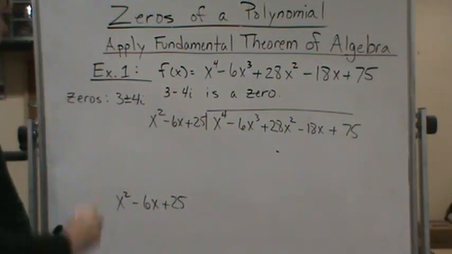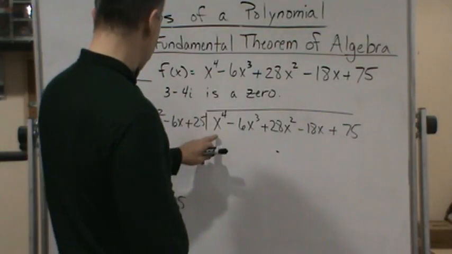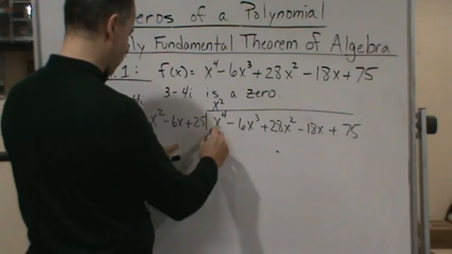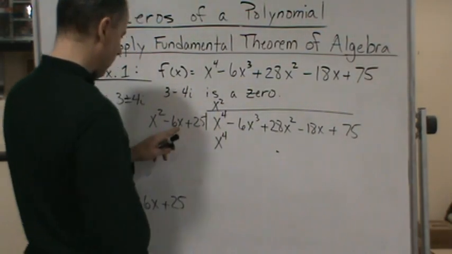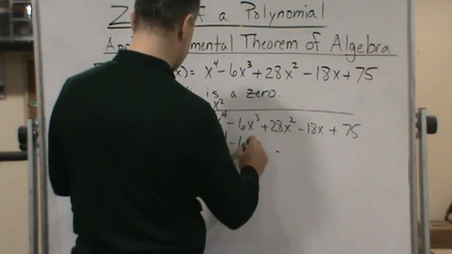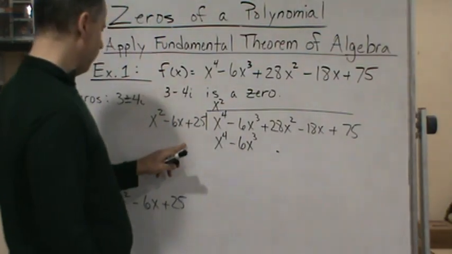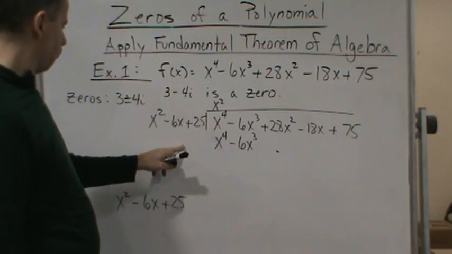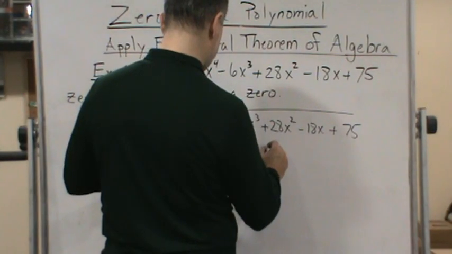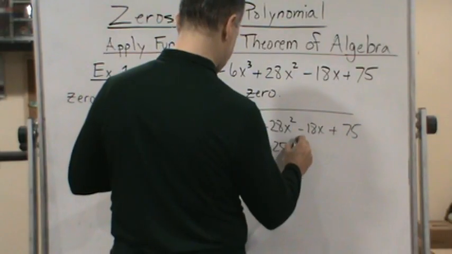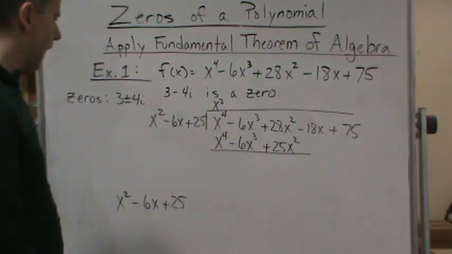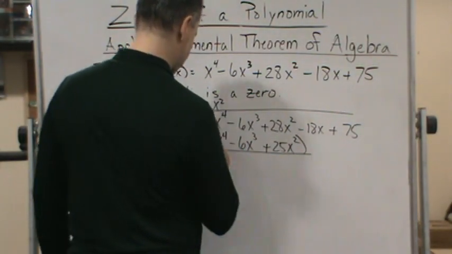Okay, so now I'm going to, what? This is going to be x squared. So x squared times x squared is x to the 4th, and then minus 6x times x squared is minus 6x to the 3rd, right? And then 25 times x squared is 25x squared here. All right, now I'm going to subtract.